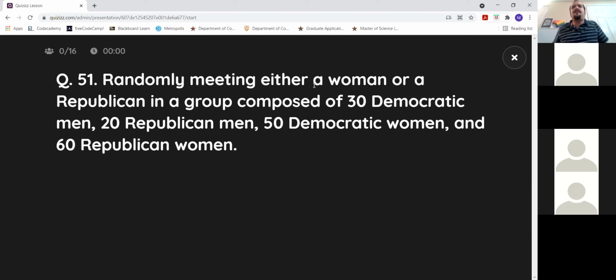Randomly meeting either a woman or a Republican in a group composed of 30 Democrat men, 20 Republican men, 50 Democrat women, and 60 Republican women. How many people are here total? 30 and 20 and 50 and 60.